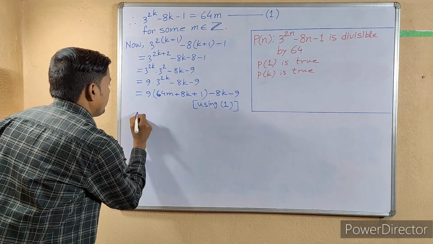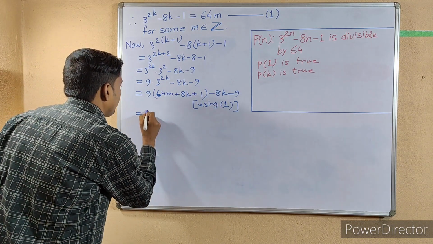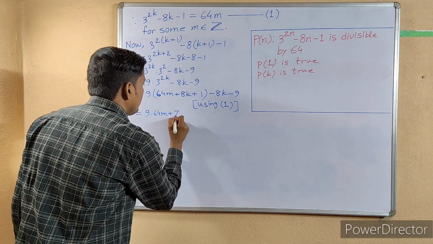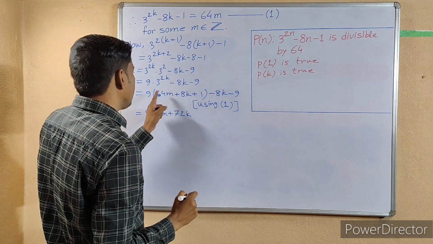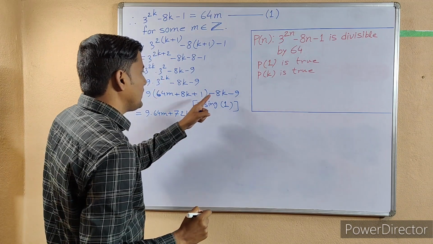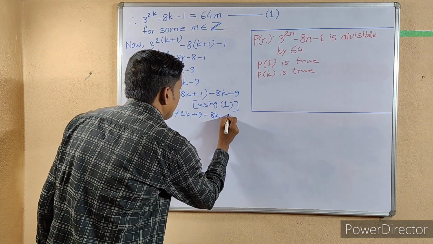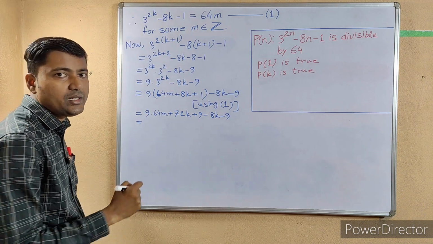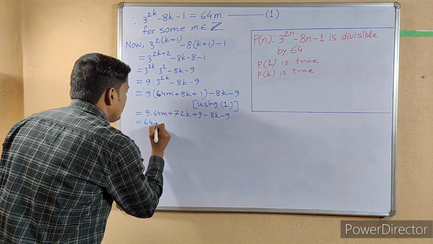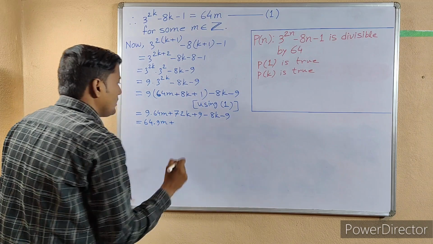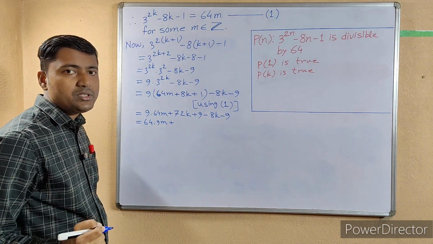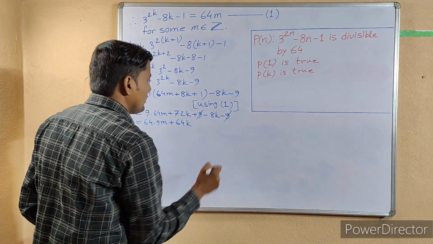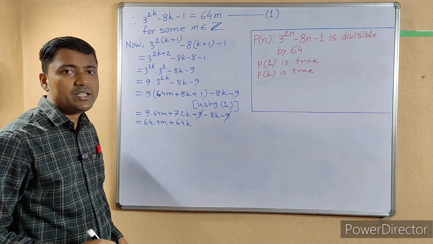This is equal to 9 into 64m plus 9 into 8k becomes 72k, plus 9 into 1 becomes 9, minus 8k minus 9. 9 into 64m can be written as 64 into 9m, plus 72k minus 8k becomes 64k, and 9 minus 9 vanishes.